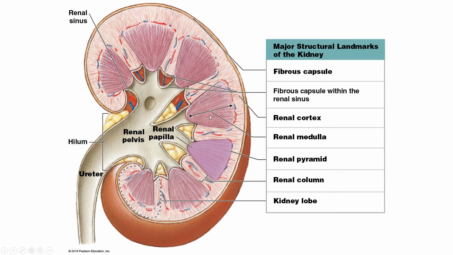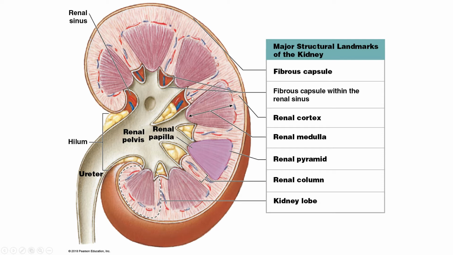It consists of the renal pyramids, which is, as you can see, a conical shaped structure. And in the renal pyramids, you have renal papillae that are going to be at the tip of the pyramids themselves. And then you have the renal columns that are going to separate the adjacent pyramids.